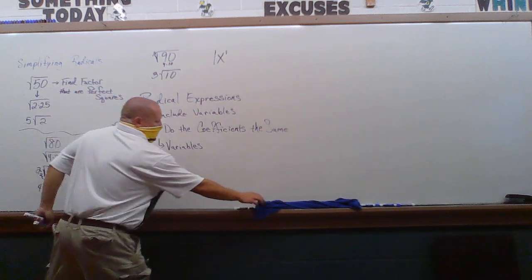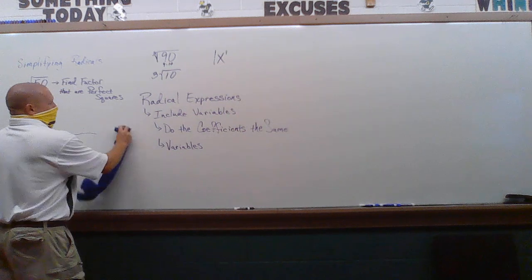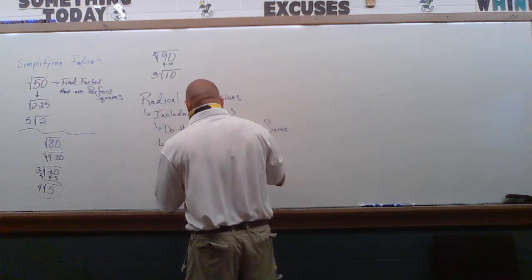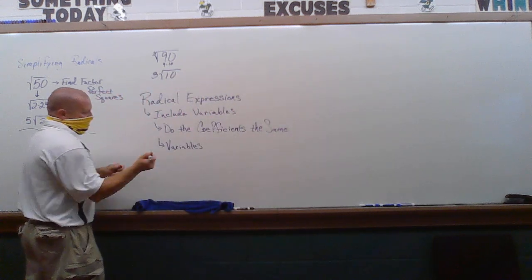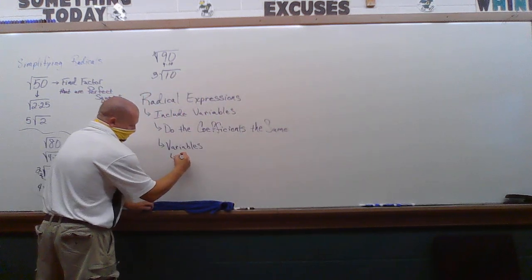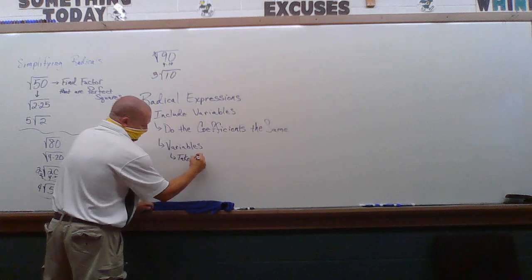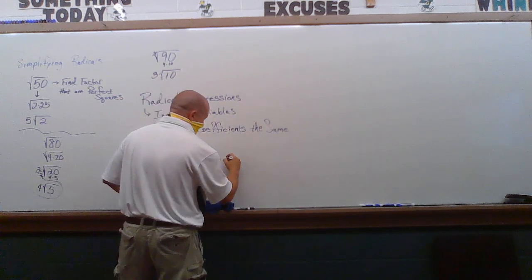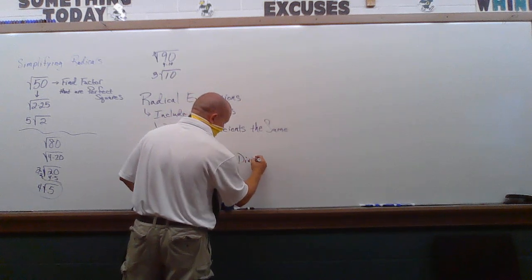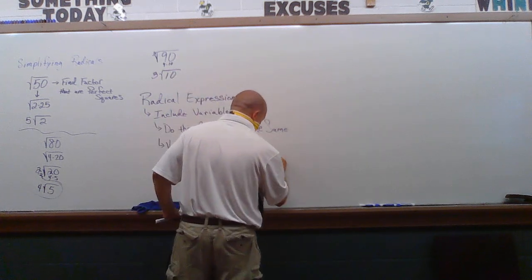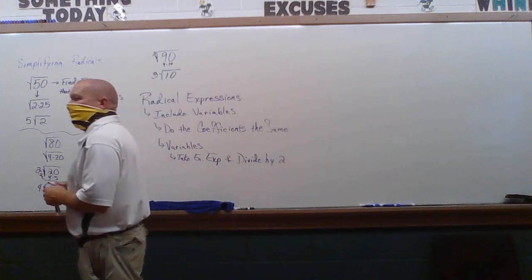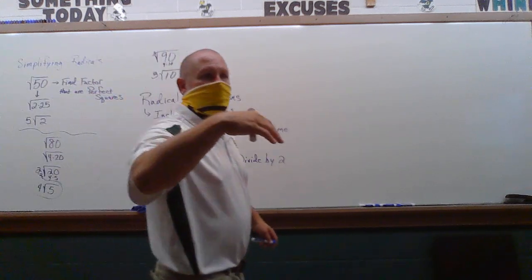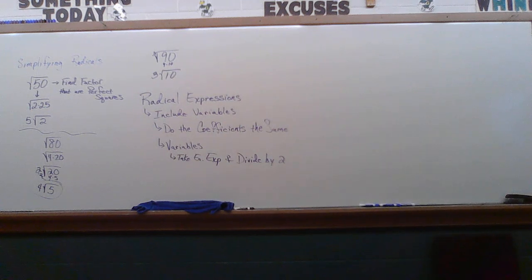Okay, so when we do radical expressions with variables in them, we're going to take each exponent and divide by 2. I'm going to do this as much as I possibly can, and however many times I can do that, that's how many go to the outside.